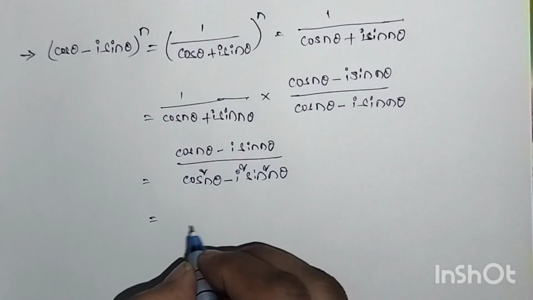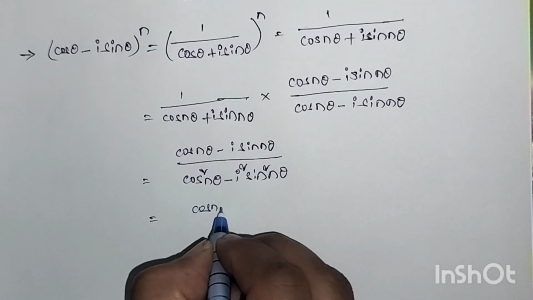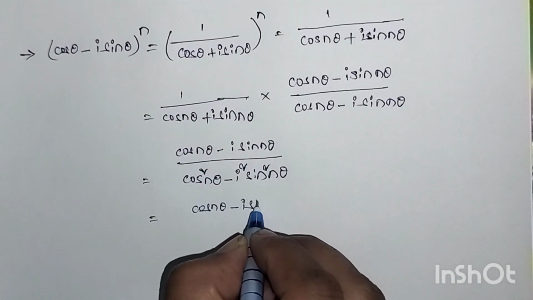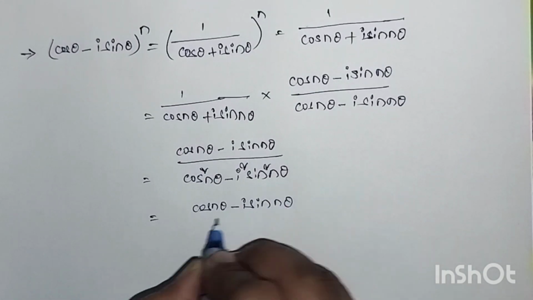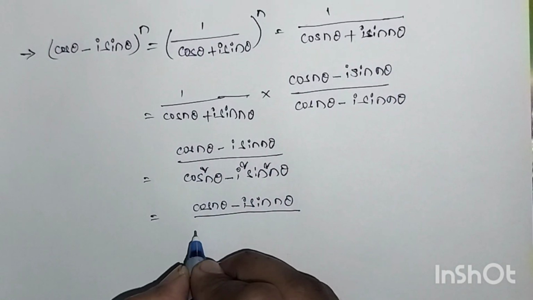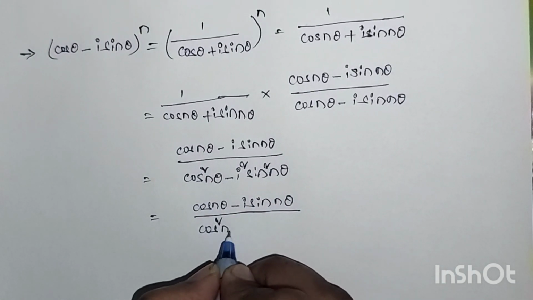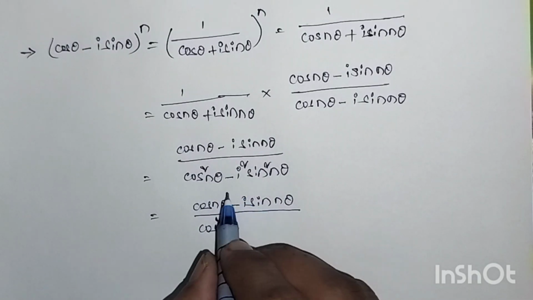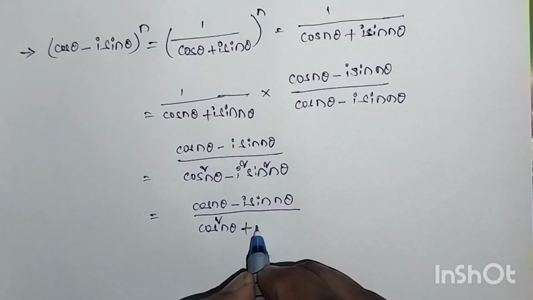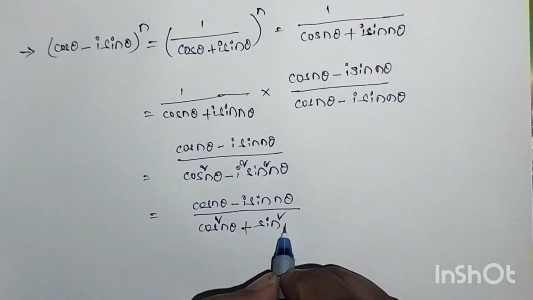That equals (cos n theta minus i sin n theta) by cos square n theta, i square is minus 1, so minus minus plus sin square n theta.